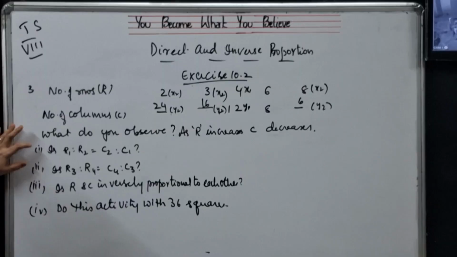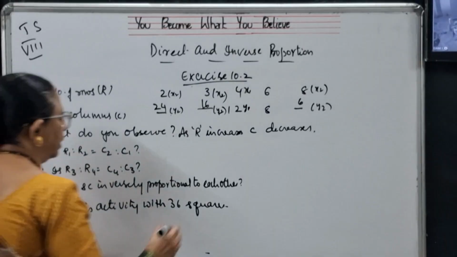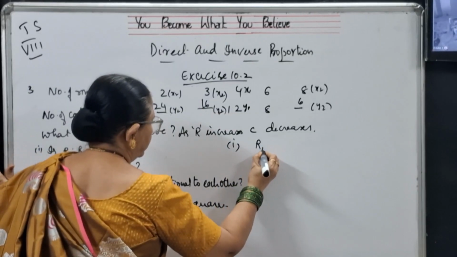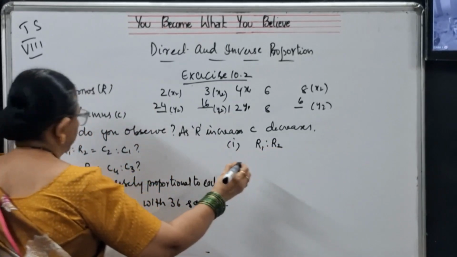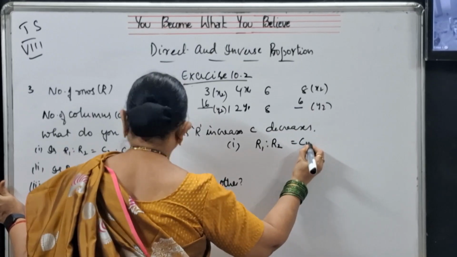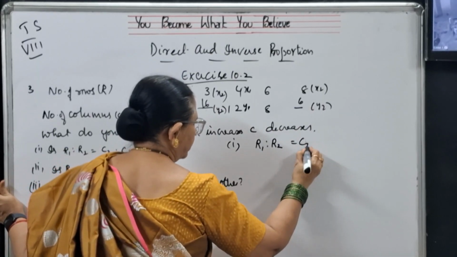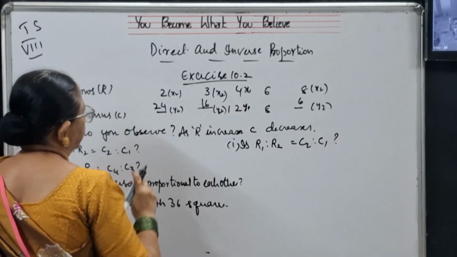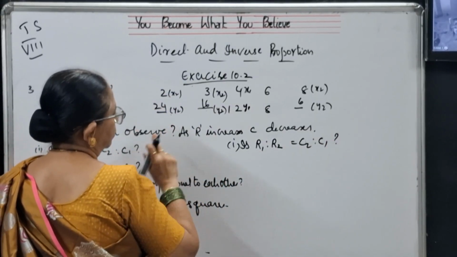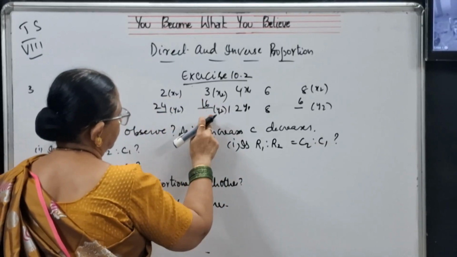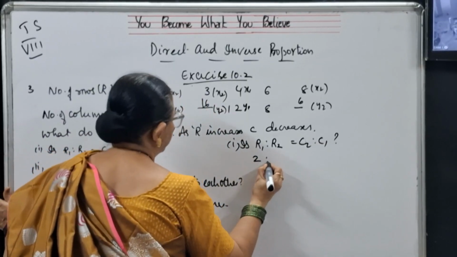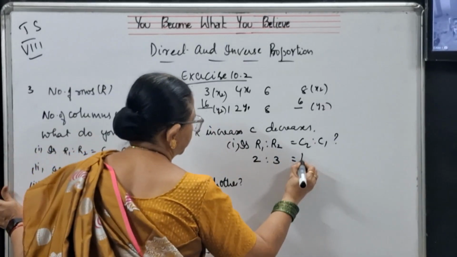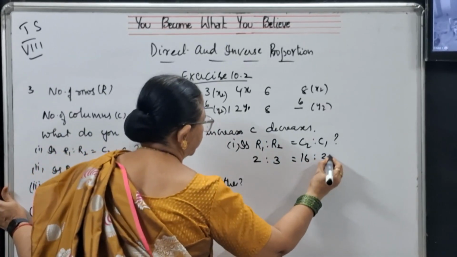Basing on those values which we have got, let us see the first one. R1 is to R2 is equal to C2 is to C1. That is the question. So let me consider R1, R2, C1, C2. So R1 is 2, is to R2 is 3, is equal to C2 16, is to C1 24.